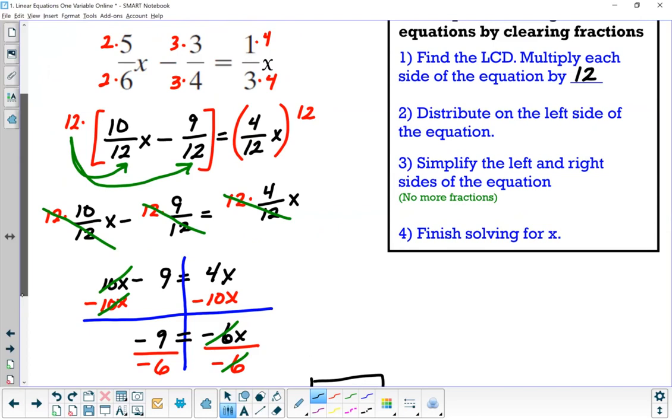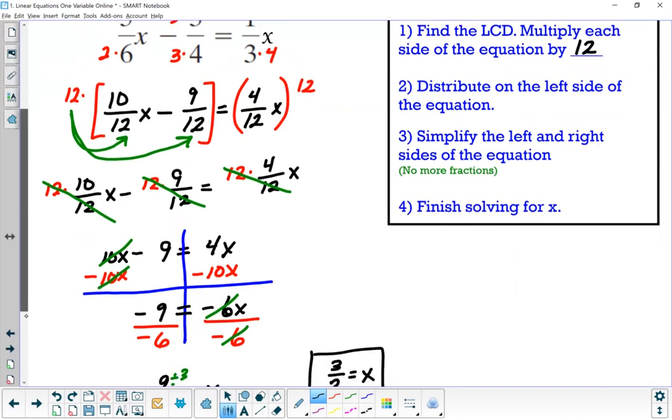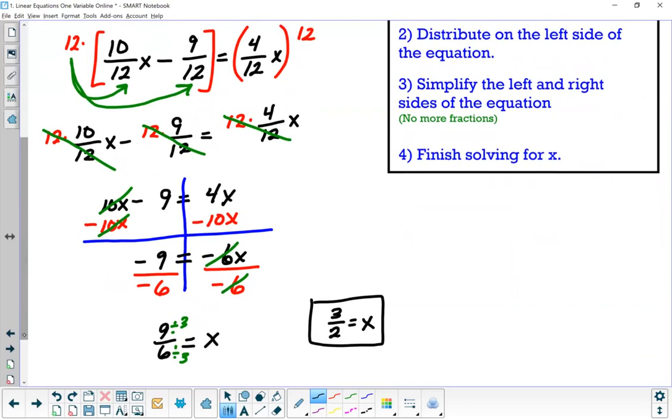And I wrote out my separate work so that you can see it ends up multiplying every single term. Then we're left with an equation that has no fractions, and we continue to solve this by combining like terms and then using our properties of equality until we get an answer. Okay. It can be a long process, a little bit tedious, but hang in there, okay?